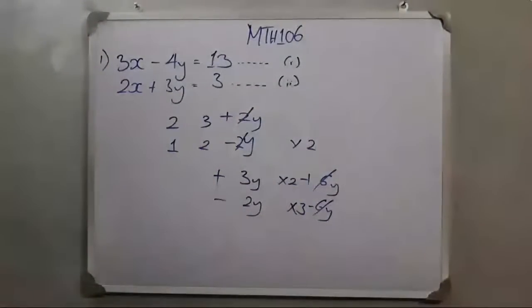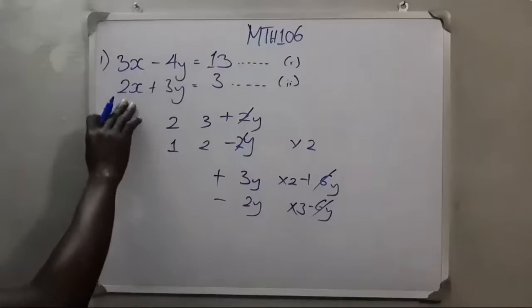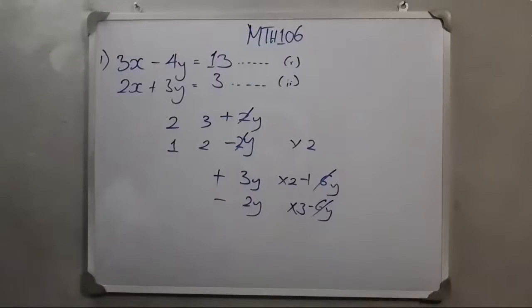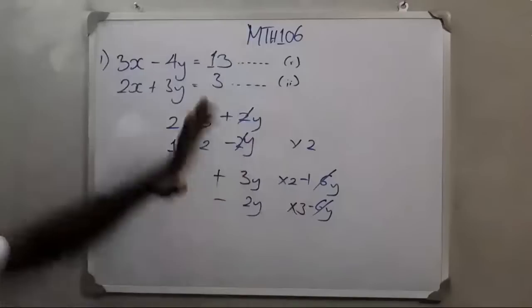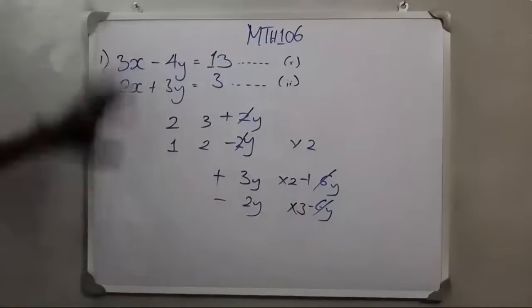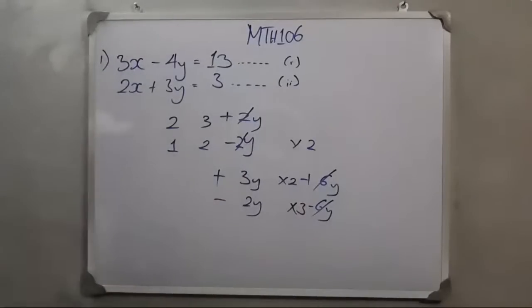But in this situation, you want to think about what we can apply to make this cancel out. You might find that difficult to achieve, and that's why we switched here to 3 and 2. The most important thing is eliminating the factor of an unknown.